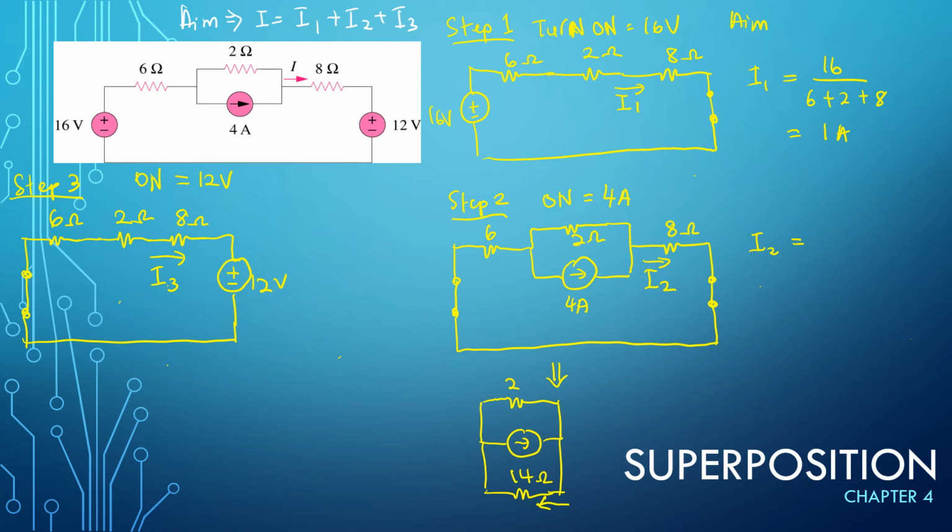Yes, so you're going to find I2 here. Since I2 is in the opposite direction of that current source, you have a positive there, and the source is 4 times the opposite resistor, which is 2, divided by 2 plus 14. So this is equal to 8 over 16, that is 0.5 amps.